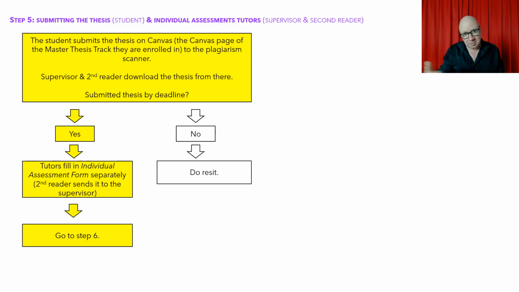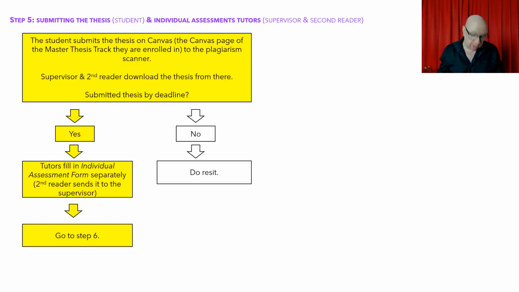So that's why we do this. So hand it in the plagiarism scanner, and the supervisor and second reader download the thesis from there. If you did this by the deadline, then they will assess it, fill out the individual assessment form, and send that to the master thesis coordinator.